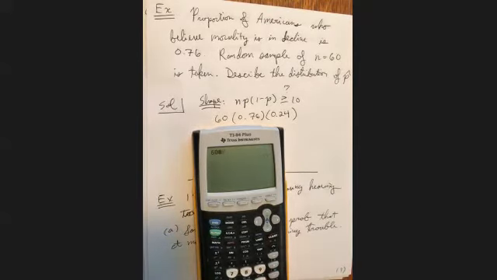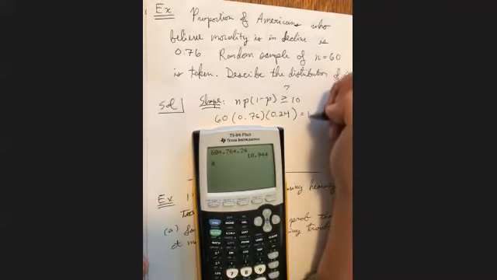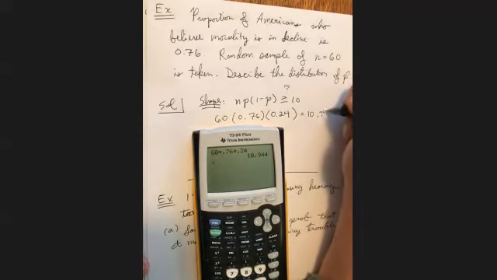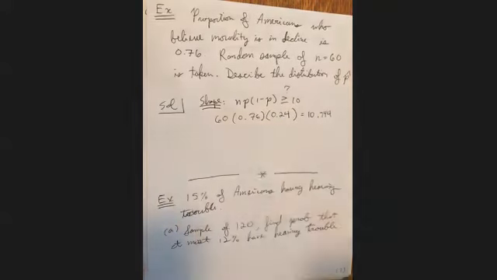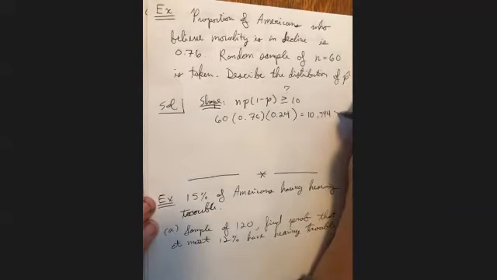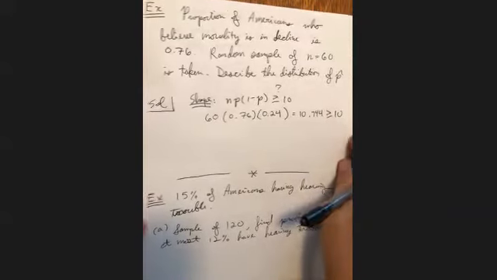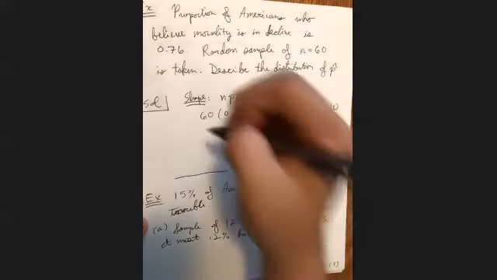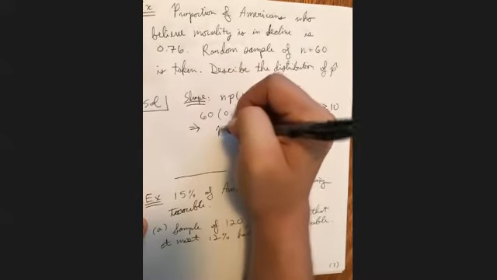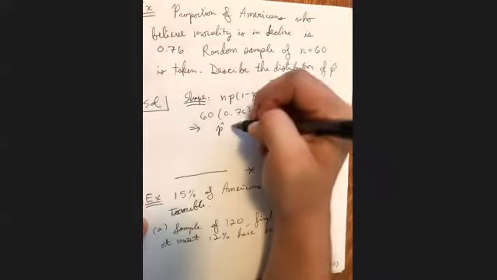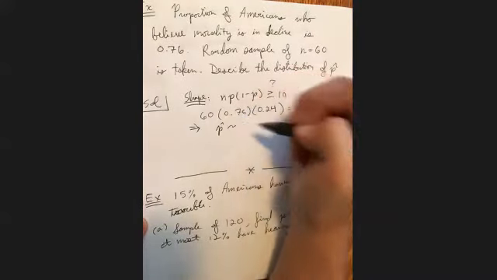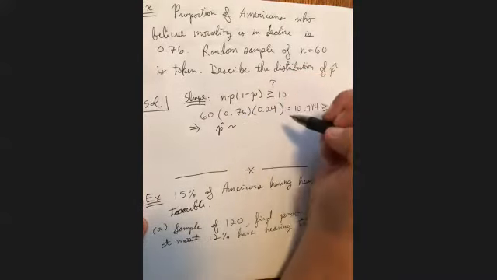So that's 60 times 0.76 times 0.24, and we get 10.944. Okay, so 10.944 is definitely greater than or equal to 10. So that implies that p hat is approximately normal.